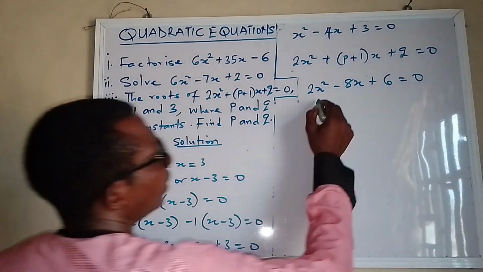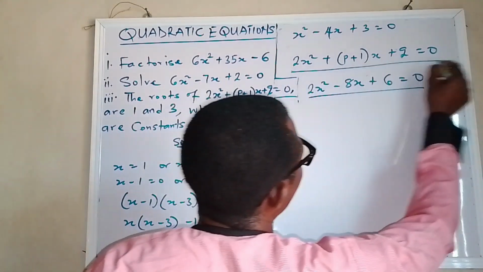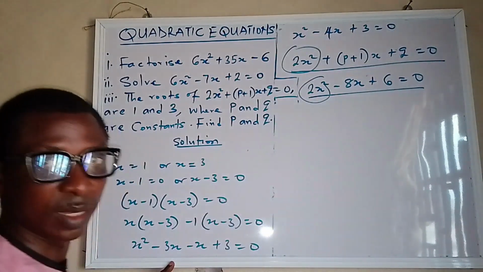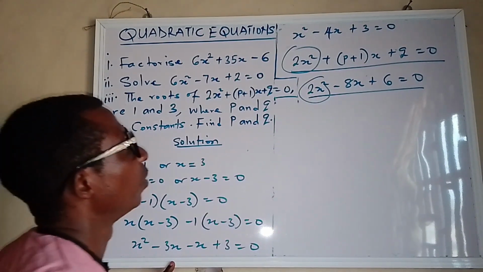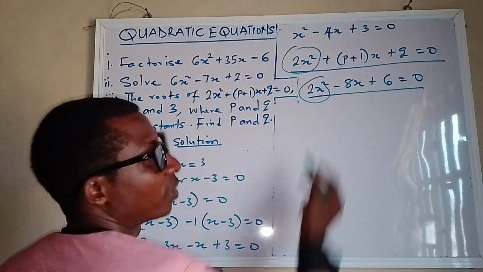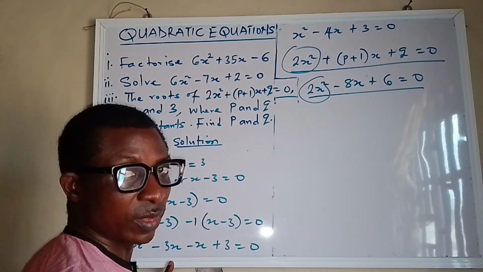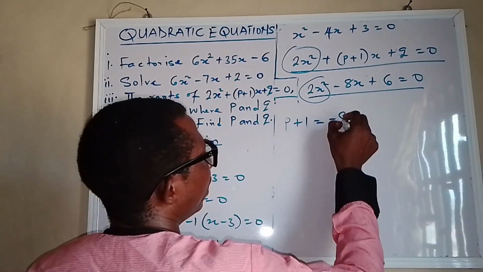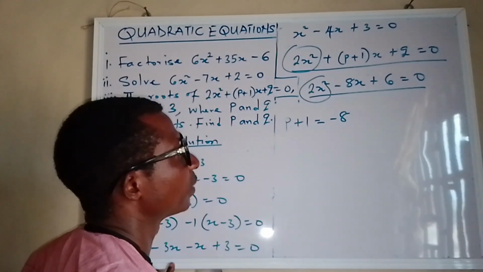So when you compare this and this together now, you can see this and this are the same thing. So the coefficient of x here and the coefficient of x here too must be the same thing. So we have p plus 1 equals to minus 8. All right?